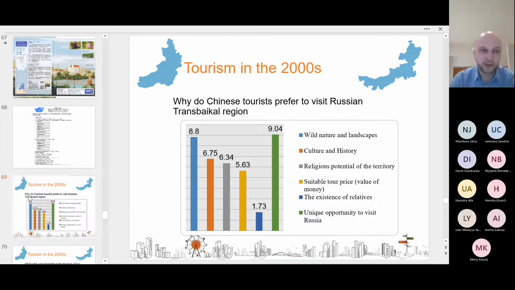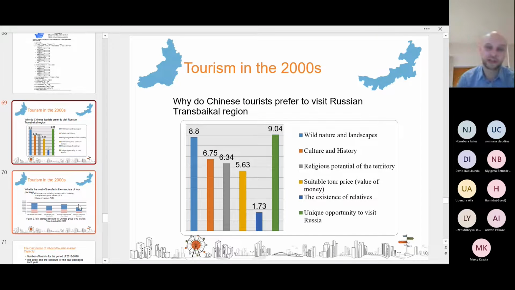Okay, so that's why the factor like unique opportunity to visit Russia obtained the highest score, because it was really a unique opportunity to obtain a passport, a unique opportunity to travel to the country without applying for a visa.